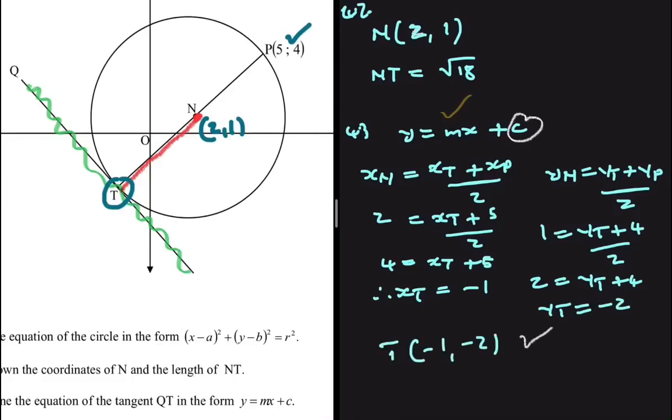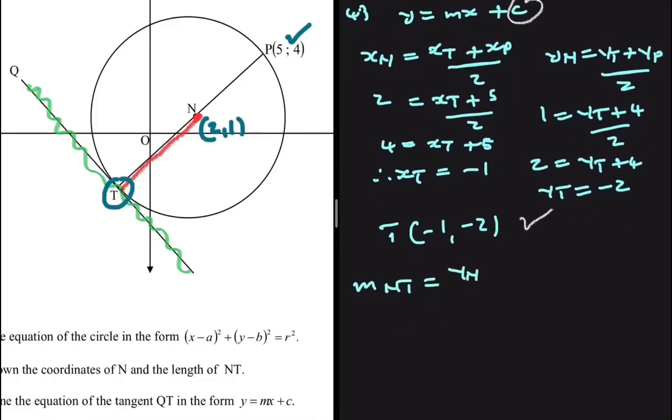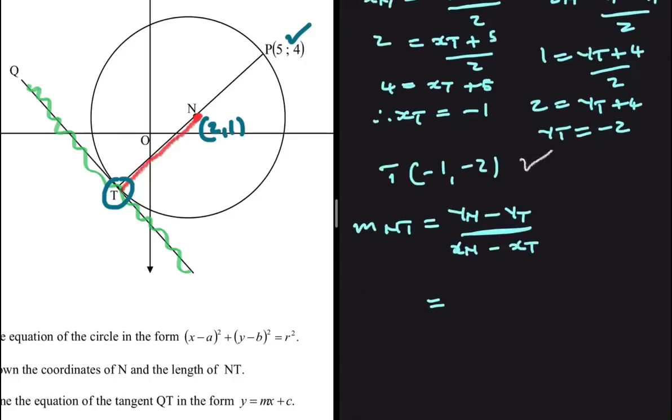So we can go ahead and find the gradient of QT. The tangent is perpendicular to the radius. So if we find the gradient of the radius, then we can use that to find the gradient of the tangent. We're going to have the gradient of NT being equal to y of N minus y of T, divided by x of N minus x of T. y of N, that is 1, minus y of T, which is minus 2.